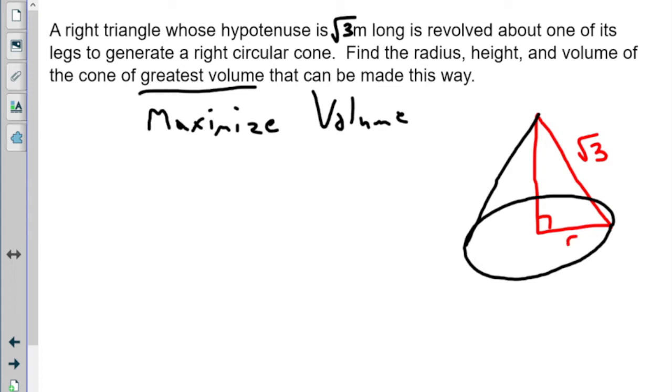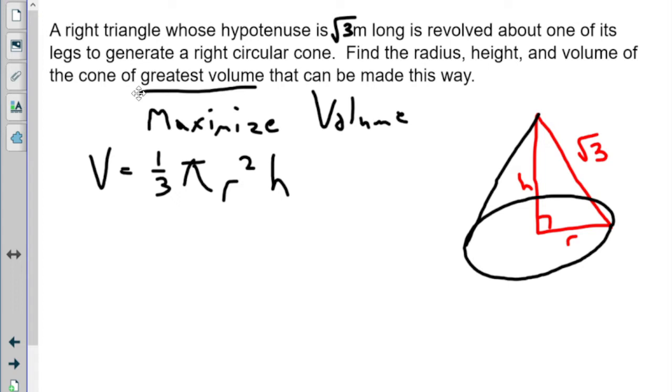So here's my radius and here's my height of the cone. And volume is 1/3 pi r squared h for volume of a cone. So that's our main equation.